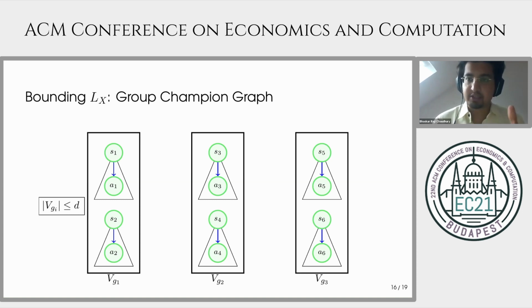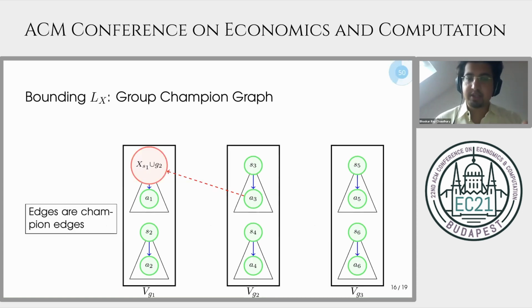Now, what are the edges between these parts? There is an edge from a vertex in one part to a vertex in the other part if the agent, so for instance, let's look at this particular one. There's an edge from the component containing A3 to the component containing A1 if A3 is the most envious agent when I give G2 to the component containing A1. Notice that A3 and A4 are the agents that find G2 valuable.